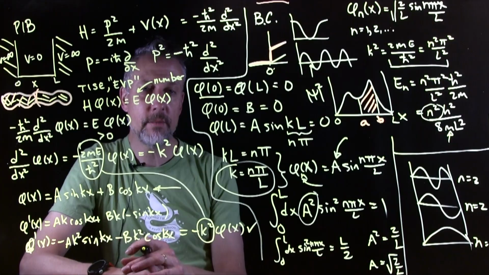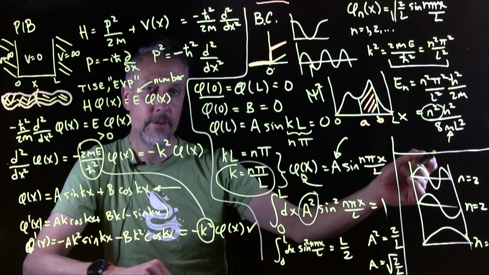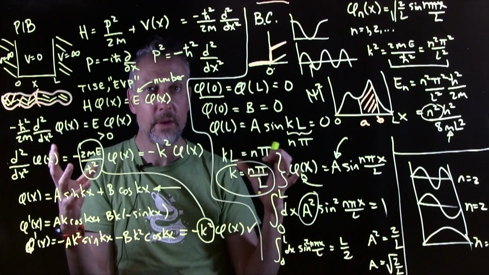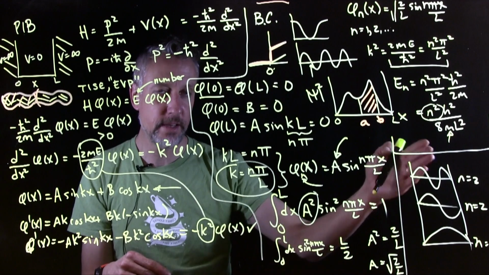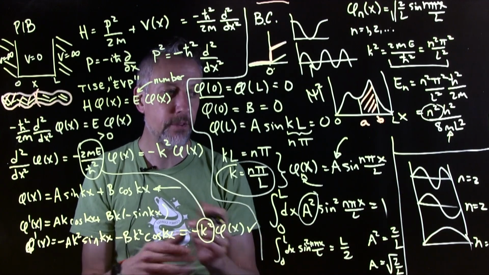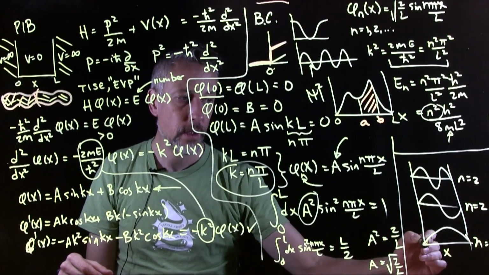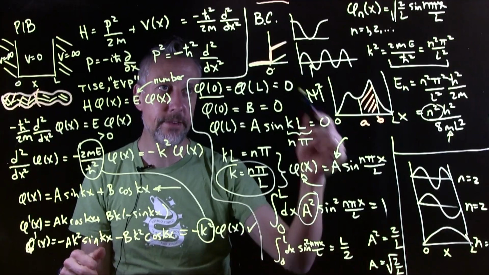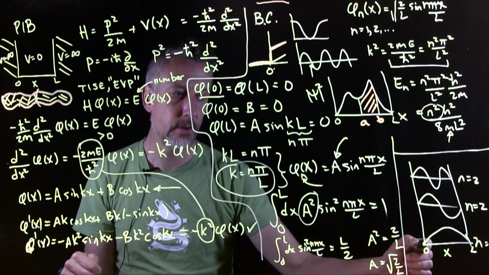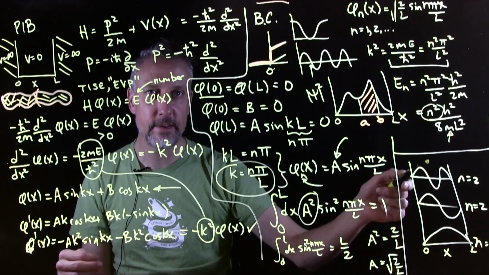The way I want you to think about them is that these functions actually form a set of functions that is very powerful. The set of functions that they form is precisely one where any function you could imagine that's between 0 and L, and that satisfies the same boundary conditions, meaning that it goes to 0 at the ends, can be written as a superposition of these.